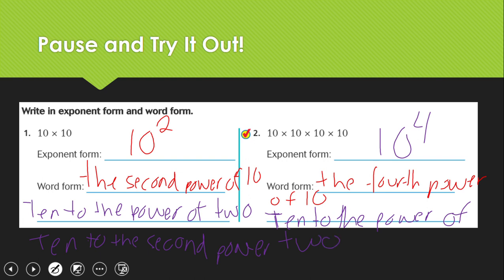Sorry, I meant power of 4. I was just looking over to the one next door to see how it looked. Or 10 to the 4th power.